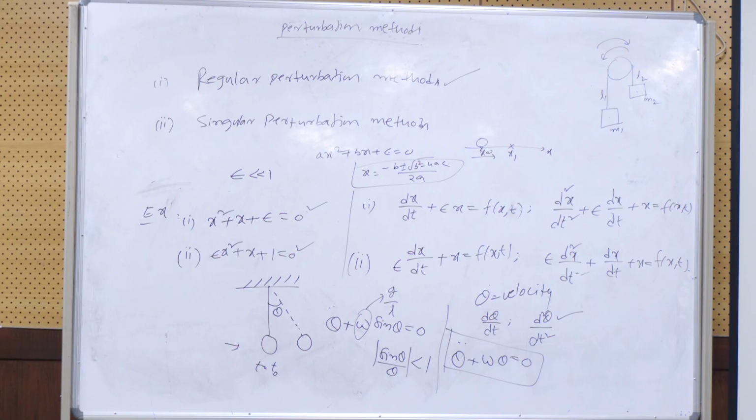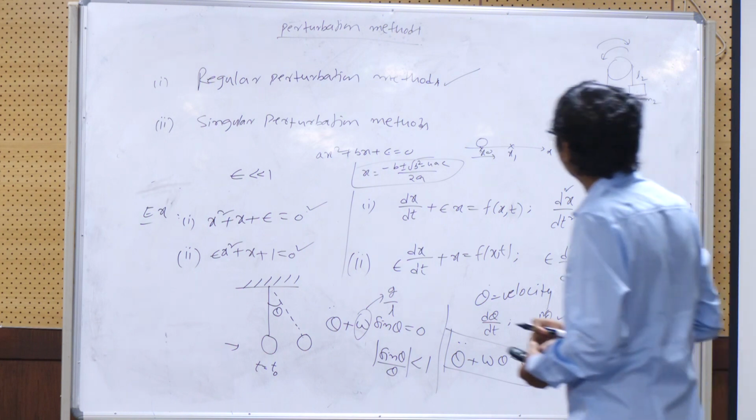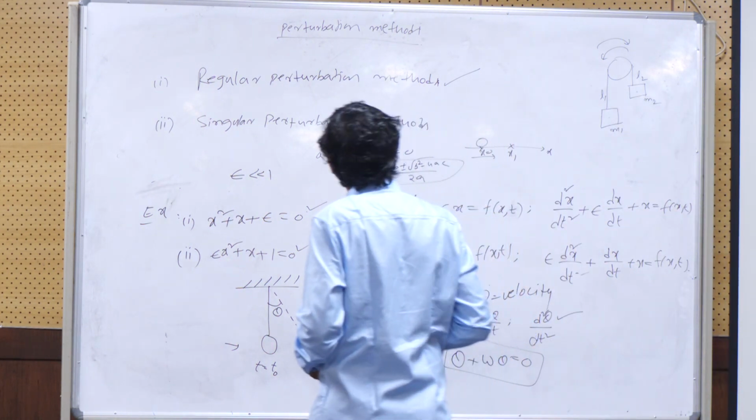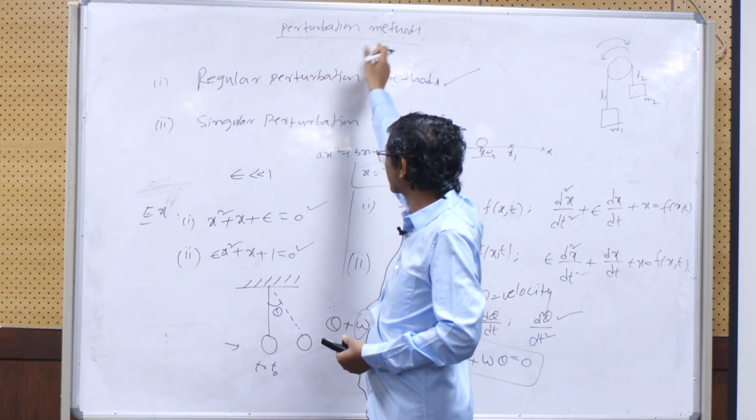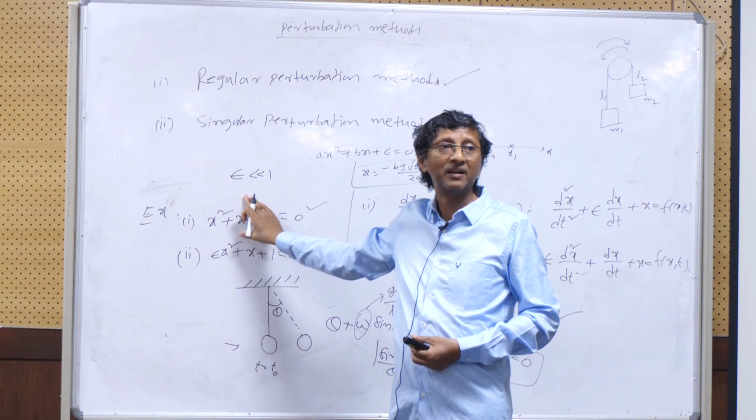So ad hoc basis means that is called the asymptotic method. What is that? Asymptotic method. Those who are working in perturbation methods have to use this terminology like asymptotic methods, right? Okay, so this is a small idea about the applications of perturbation methods.